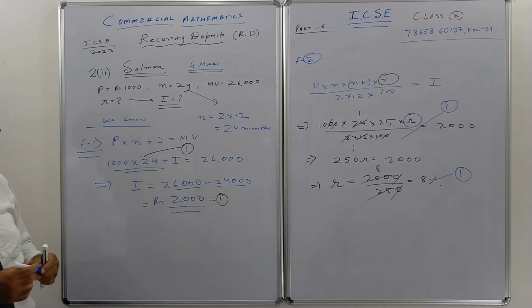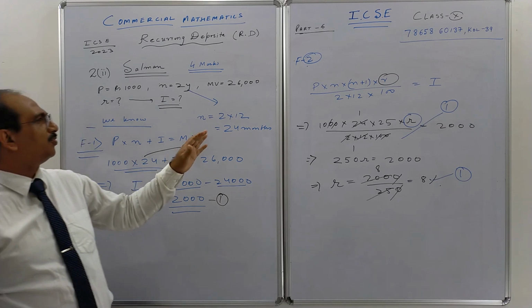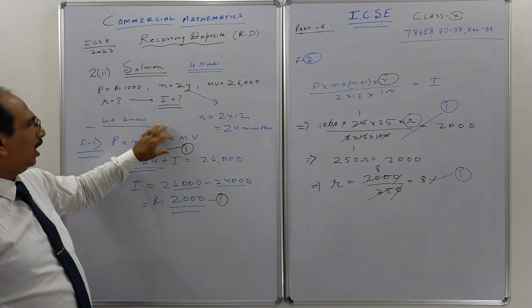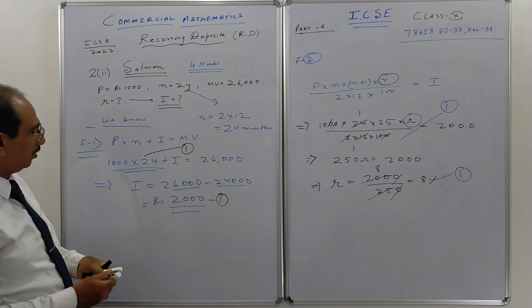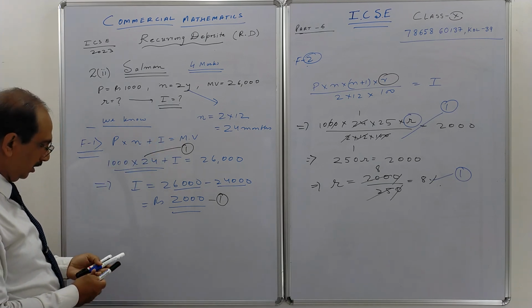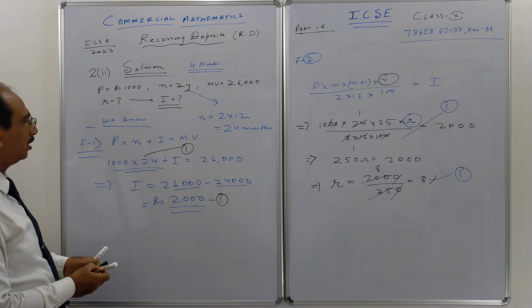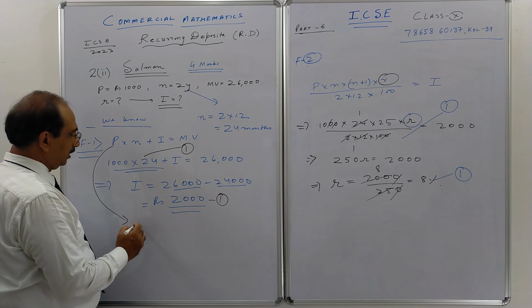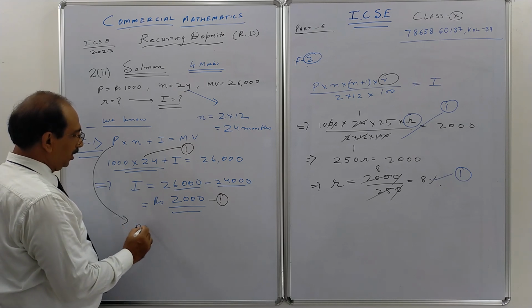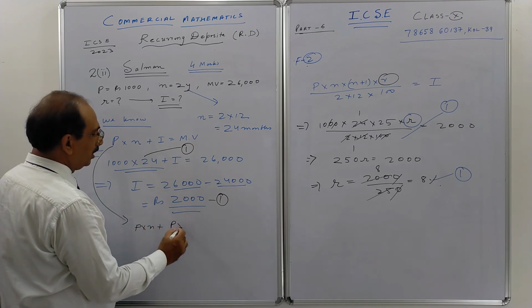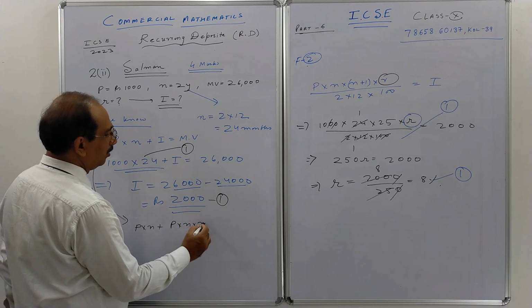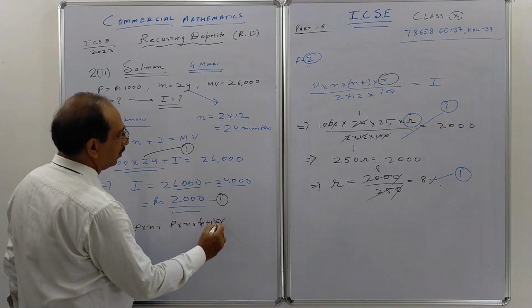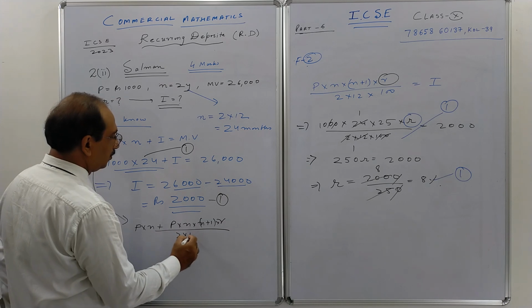Some teachers and children directly put the full I here. I hope you have understood what I am trying to say. There is one formula to directly get the rate if they ask for the rate without the interest: P into n plus P into n into n plus 1 into R by 2 into 12 into 100.